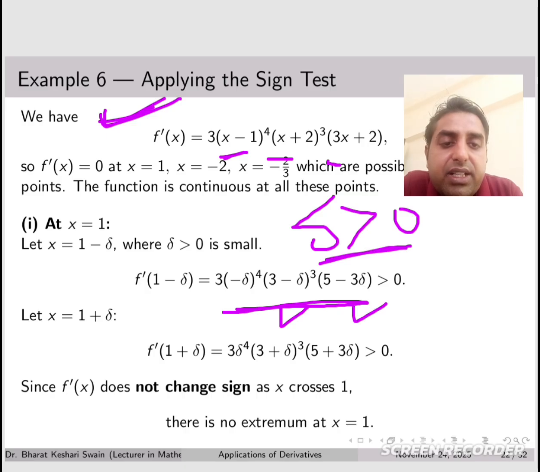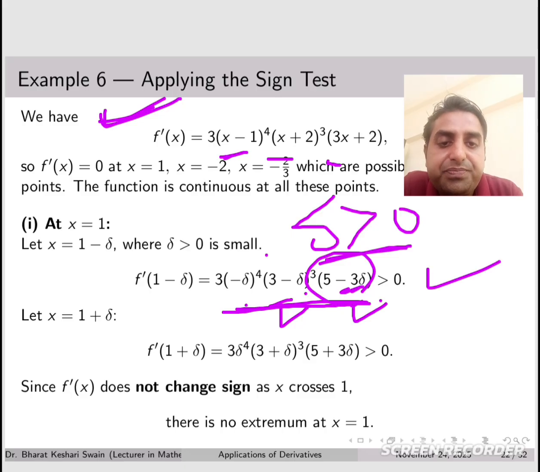Then if you check the sign of these terms, what will we get? (−δ)^4 is always positive. 3 − δ, since δ is very small, is a positive number, and its cube is also positive. 3δ is always small, so 3δ will be less than 5, and 5 − 3δ is also positive. So all the factors are positive, so f'(1 − δ) is greater than 0.